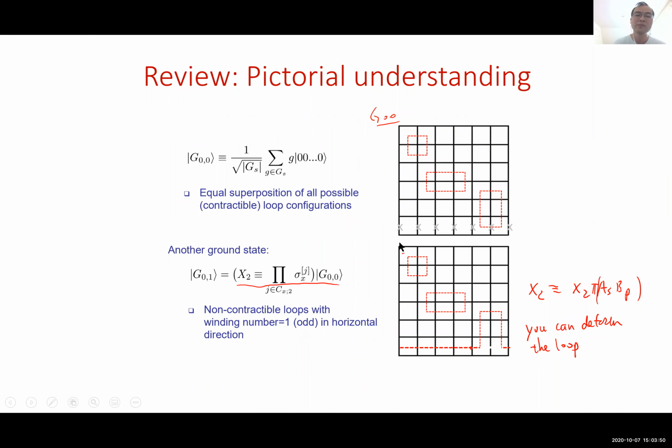This is because the ground state is a summation of all, in this case, non-trivial loops like that, with winding number 1. So this is a topological property. Okay, the other one you can understand is the other direction. You apply X this way, and if you apply both, then it would have winding number in both directions.